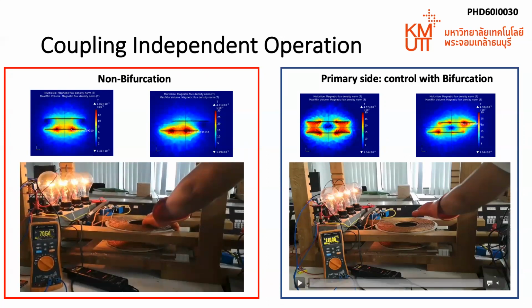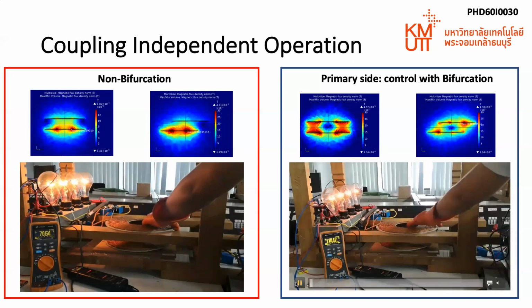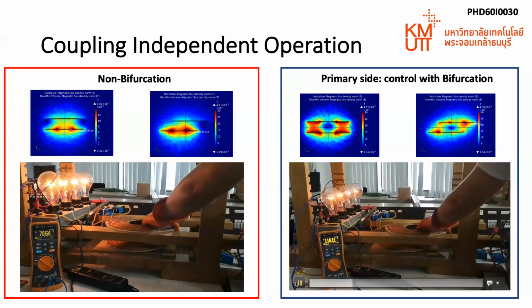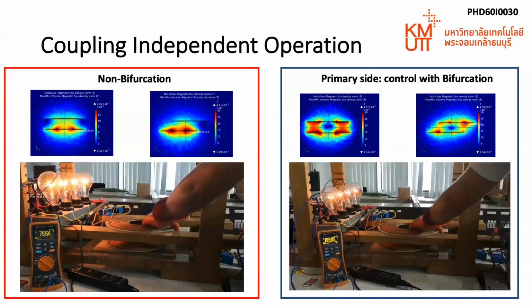And with the proposed control with the bifurcation operation, you can see the voltage is approximately constant during the moving of the secondary unit.